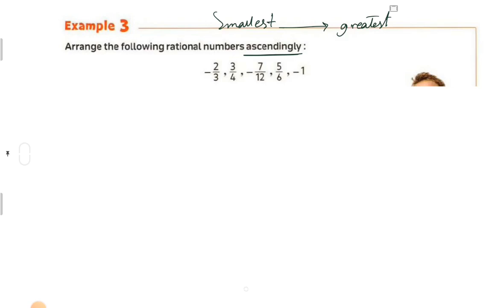If we have rational numbers like that, I can't compare them directly. How can I compare or order them?